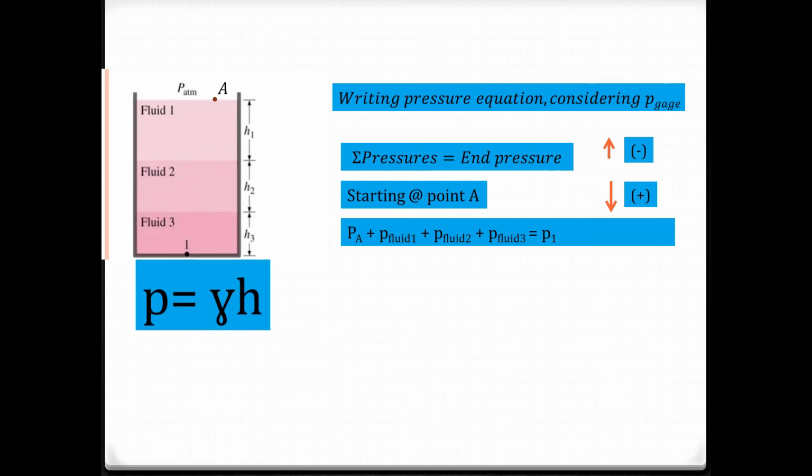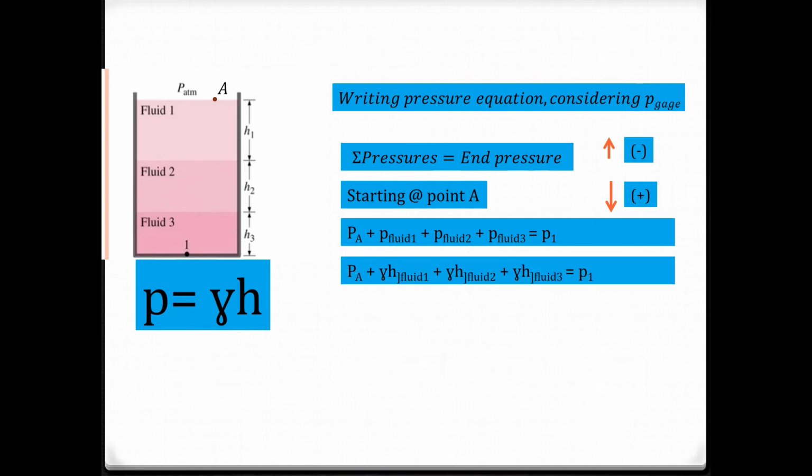We apply the equation P is equal to gamma H, replacing the corresponding pressures of fluids 1, 2, and 3 with the expression gamma H. So the equation will be PA plus gamma H of fluid 1 plus gamma H of fluid 2 plus gamma H of fluid 3 is equal to the end pressure, which is P1.